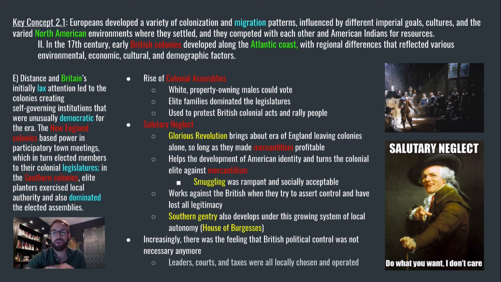So leaders, courts, taxes, they're all locally chosen and operated. When Britain comes in during the American Revolution and starts to change who the leaders are, what courts try you for crimes, and who is creating the taxes, it's going to cause major problems because salutary neglect had existed for about 100 years before that. We're talking several generations who were used to this system, which is now just completely thrown out.